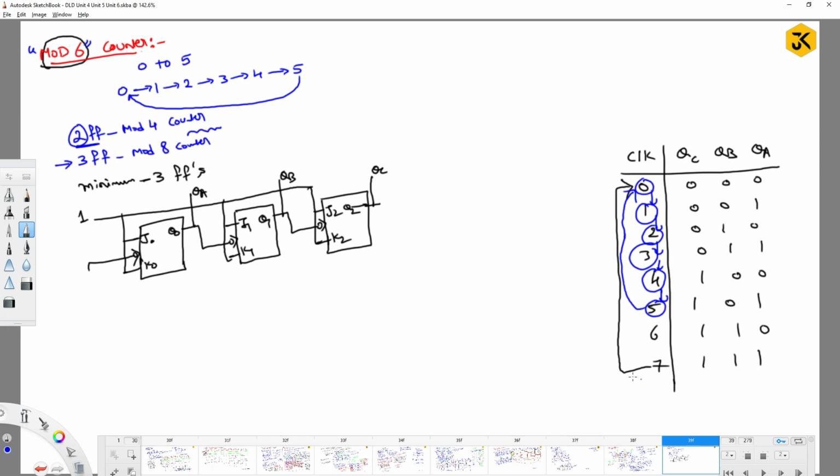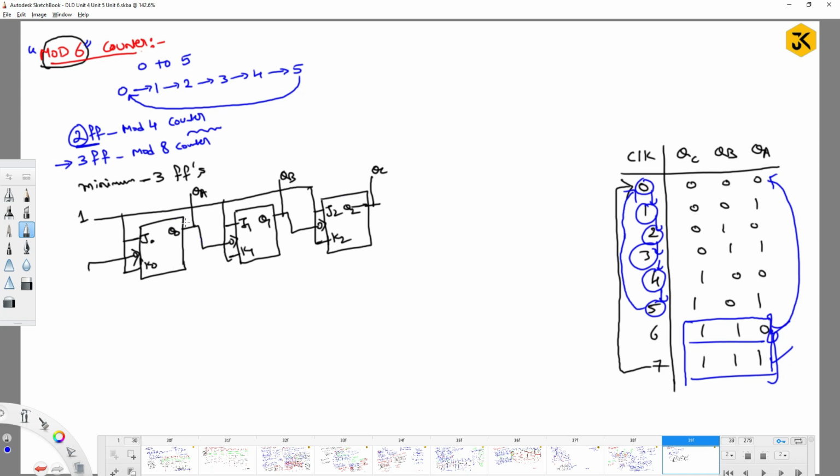So what you have to do, guys, when QC, QB, QA values are 110 or 111, for either of these cases you have to set these values to 000, so that it can be converted to a mod 6 counter.